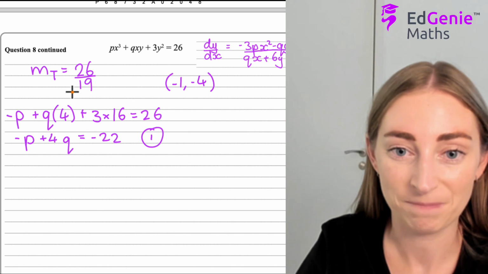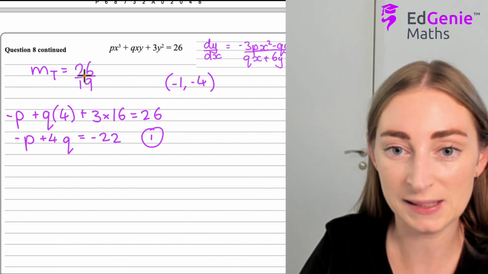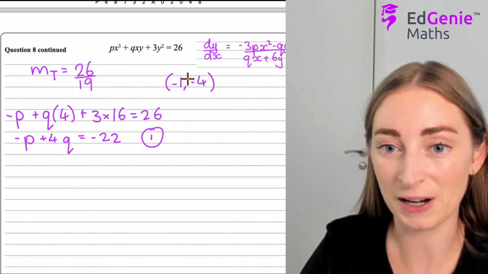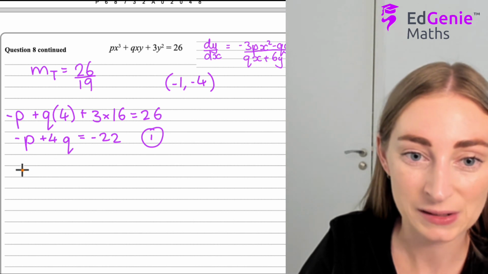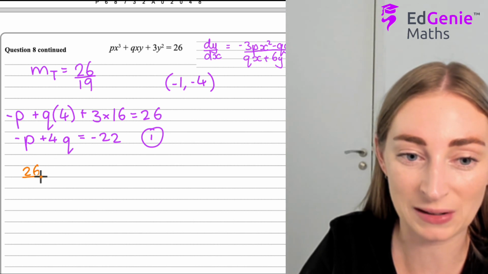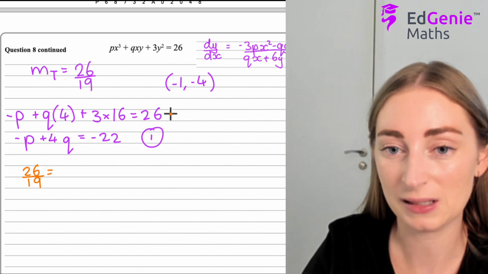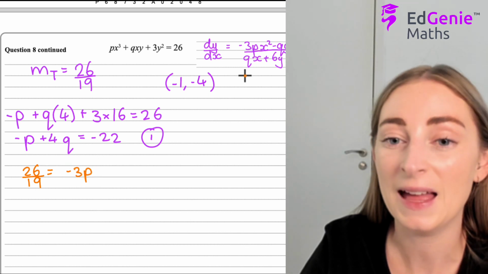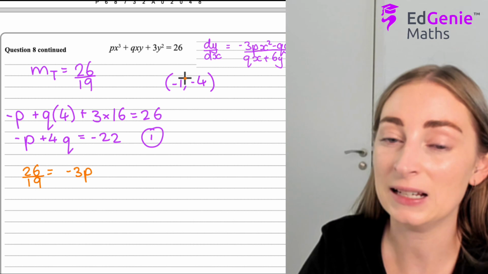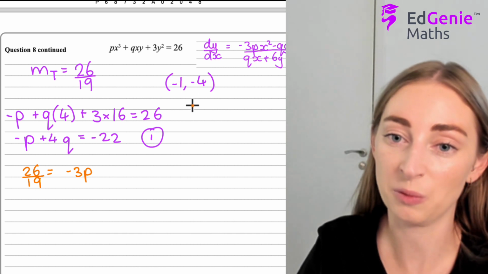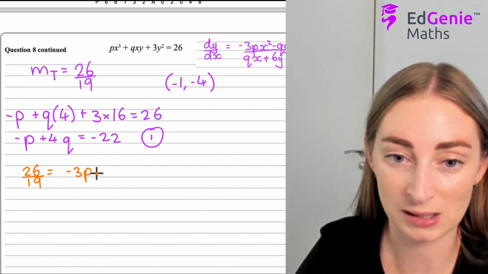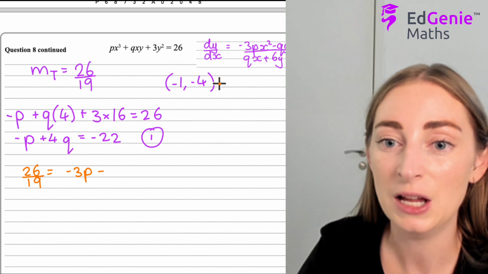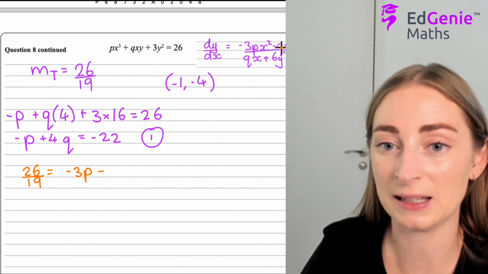Next equation, I am going to substitute this in here and then these values into here. So 26 over 19 equals -3p times x squared. So -1 squared is going to be +1. So this times 1, it's just that, minus q times -4.